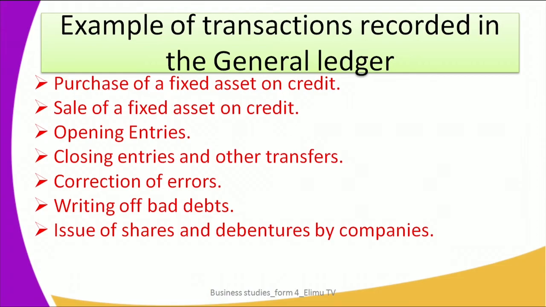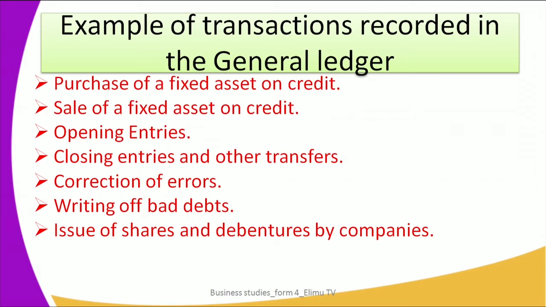A fixed asset is an asset purchased by the business to help in the production of goods. The other one is the sale of a fixed asset on credit. We also have opening entries, closing entries and other transfers, and correction of errors.